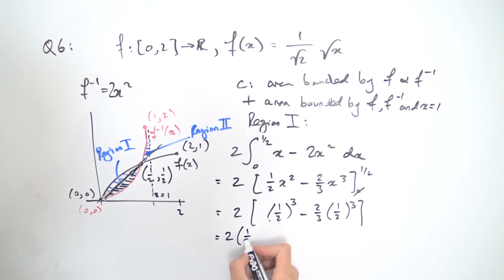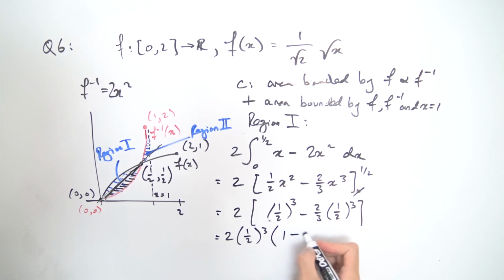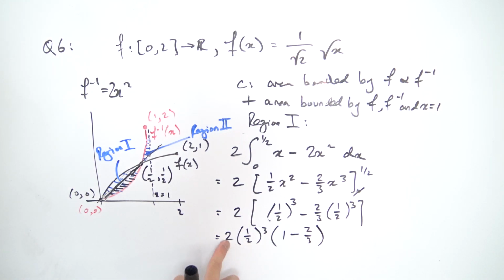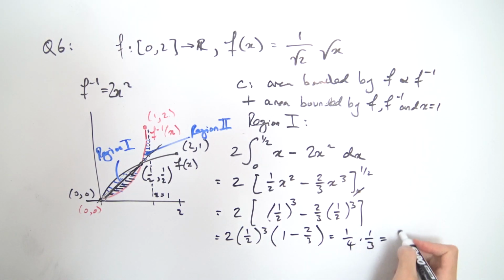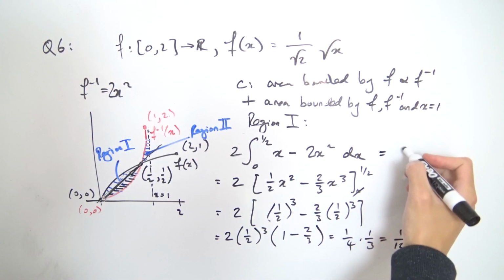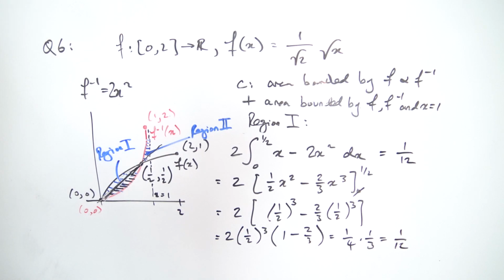This is 2 times 1/2 cubed, and what you're left with on the inside is 1 minus 2/3. And well, 1/2 cubed is 1/8. 1/8 times 2 is 1/4. So you're left with 1/4 times 1 minus 2/3, which is 1/3. That's going to give you 1/12. So the area of region 1 is equal to 1/12, like so.